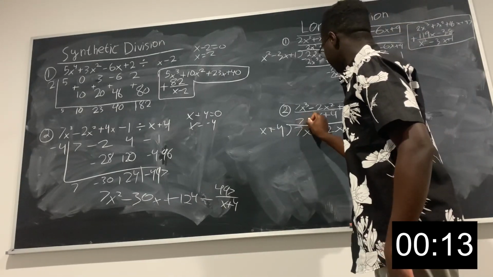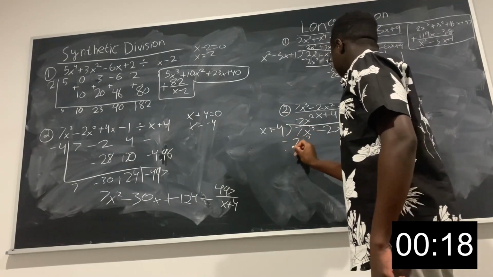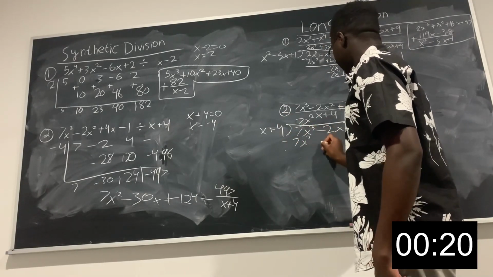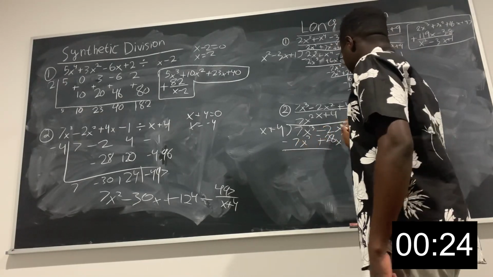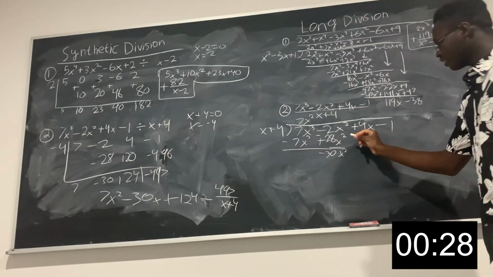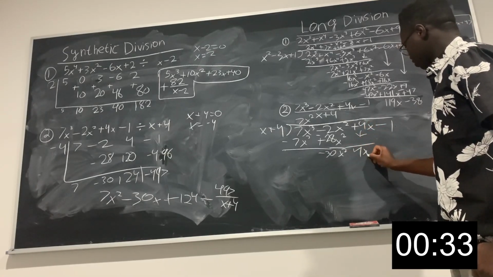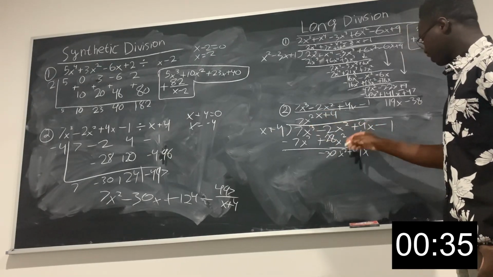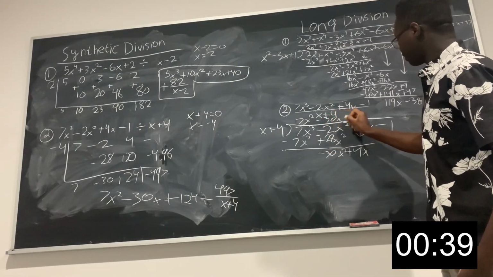Then we multiply this by 7x squared. 7x cubed, subtract, and don't forget that we multiply this, 28x squared, subtract this, minus 30x squared. Then we bring down the 4x, plus, then this has to be minus 30x.